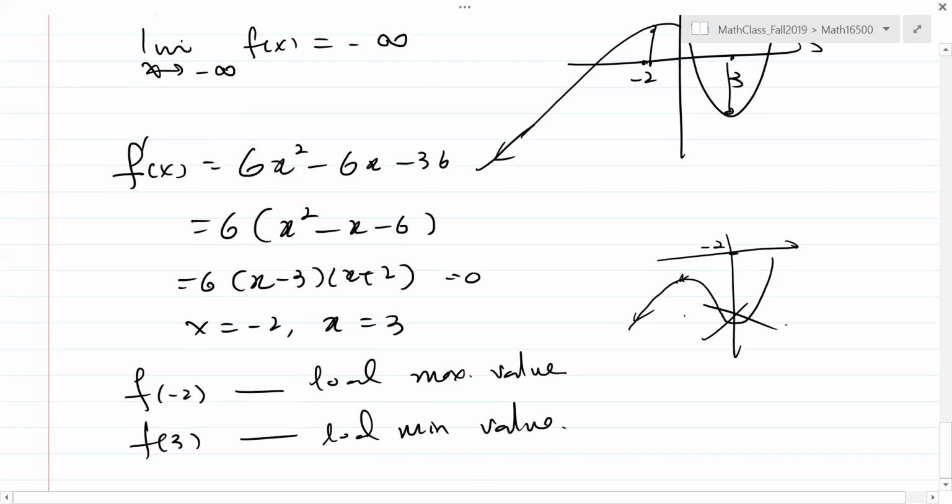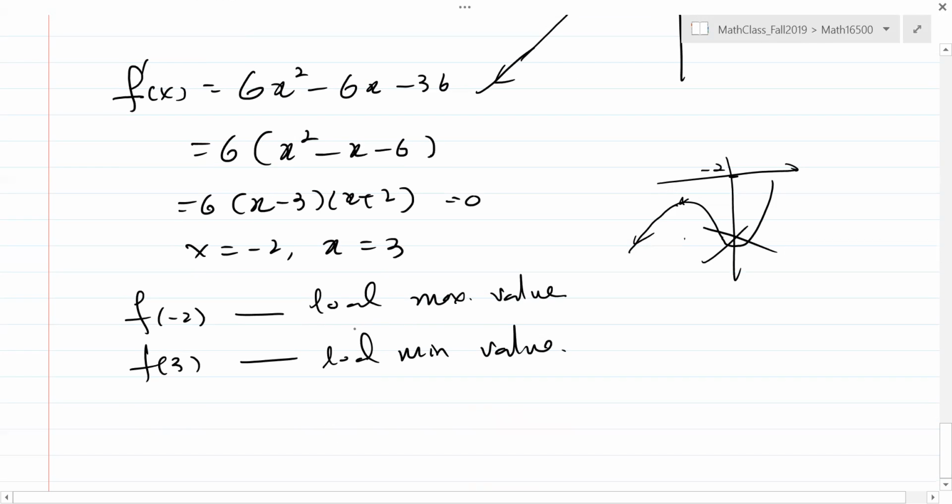The function does not have a local minimum value at -2. If it did, you would have another number on the left side of -2 where the function has a local maximum value, because it's going up, then you go down a little bit in order to make -2 a local minimum point. So it's clear that it must be a local maximum value, f of -2.